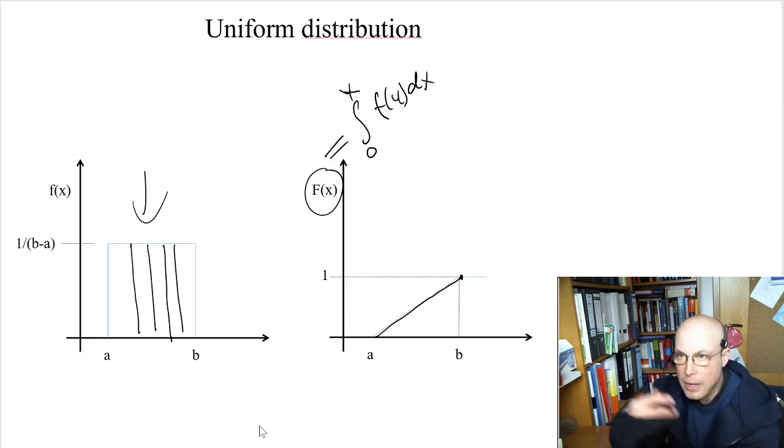Because if we go up to the limit of our uniform distribution, we are again at 100%, and therefore we have to have the 1 in the cumulative distribution function.